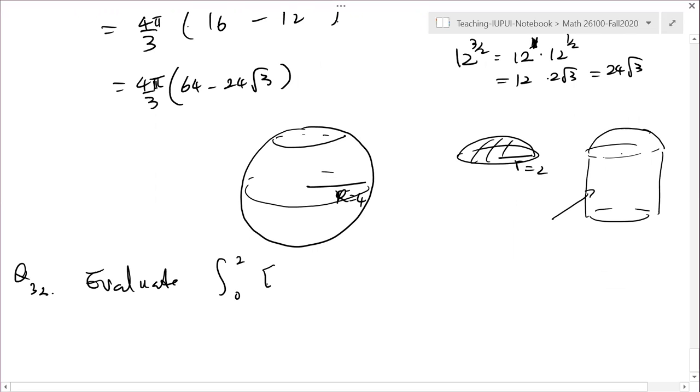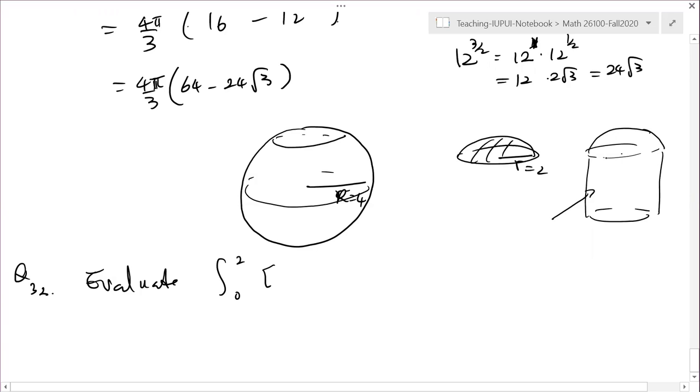I'm sorry, Professor. I'm still stuck on this earlier problem before we jump on to the next one. So we found the volume of that weird little cap piece, the R equals 2, right? But is that what answered the question? So the answer to this question is we get the volume of this piece.